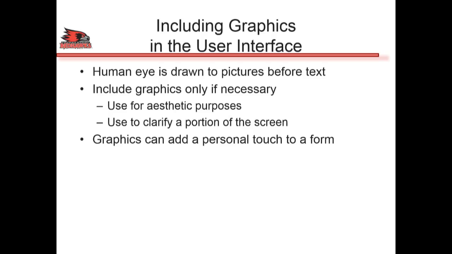You don't overdo stuff by adding a lot of pictures to your application or your form, because we generally tend to look at the picture before the text. If the picture is there for a static purpose, or is used to illustrate something, or to clarify what a portion of the screen is doing, that's fine. But you don't want to put a flower here or a flashy sign there, which generally does not have any purpose.